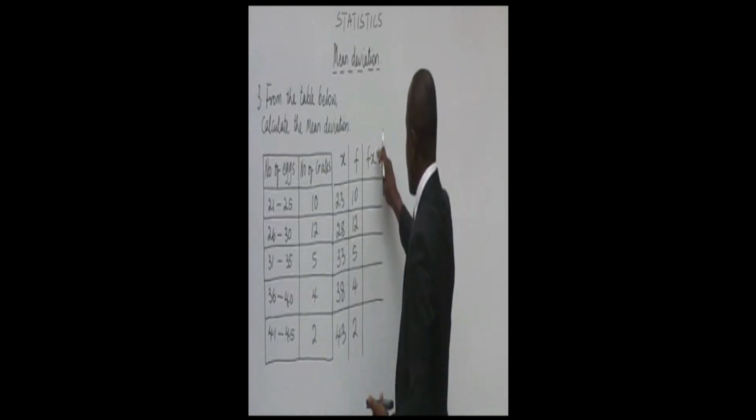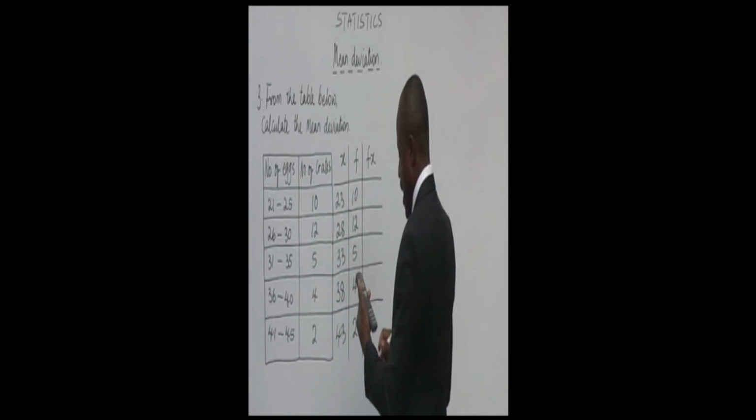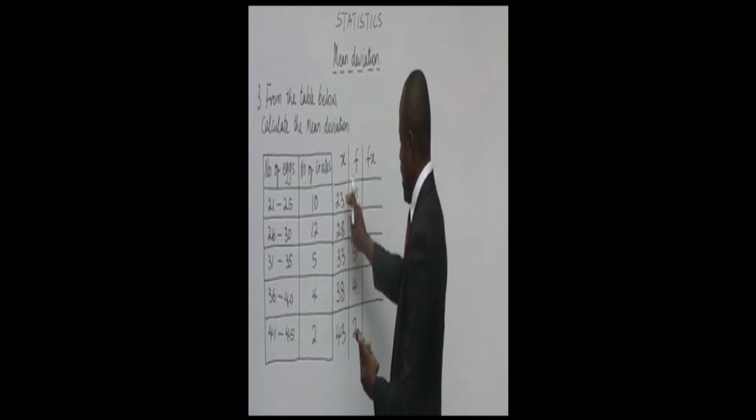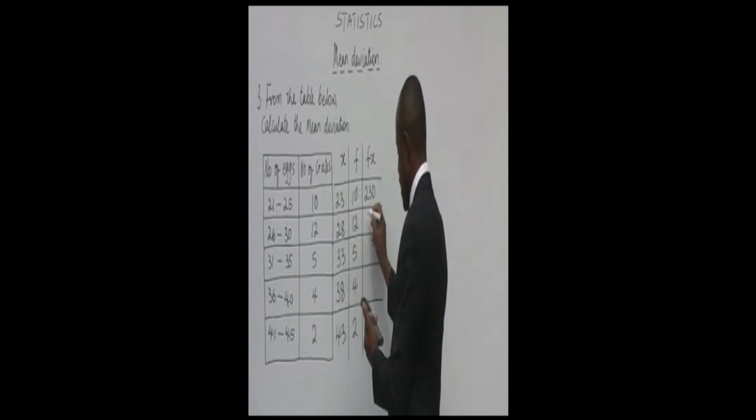Now we have to find our fx. Our fx means the multiplication or the product of x and f. In this case, 23 times 10 will give you 230. The next one, 28 times 12, 336.